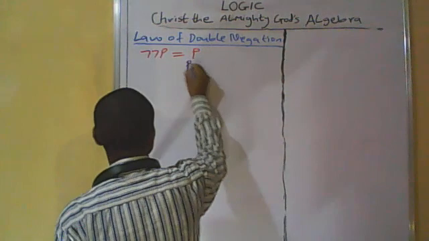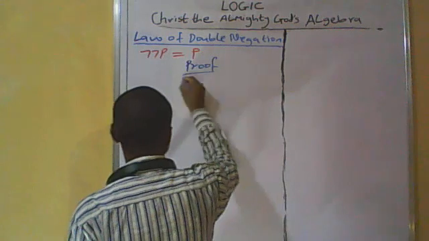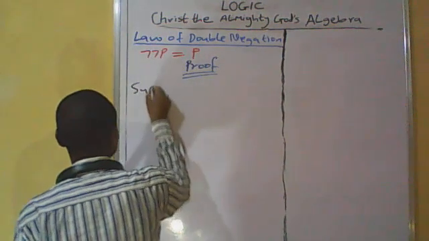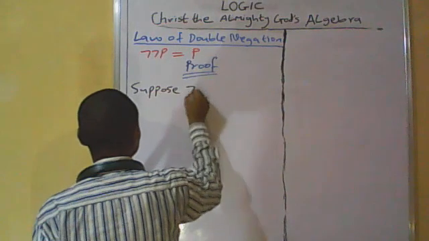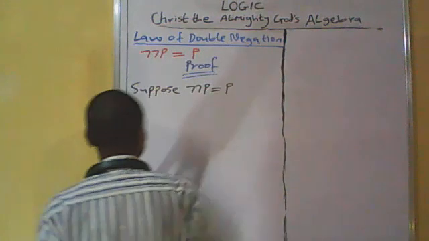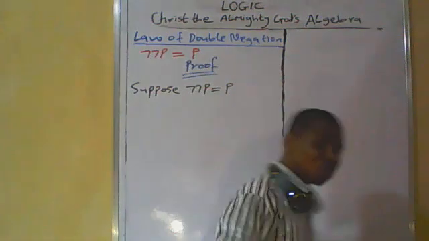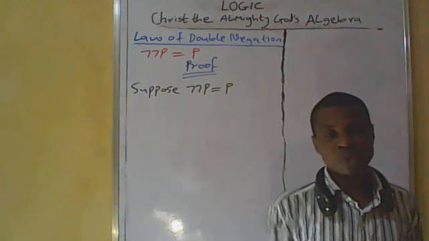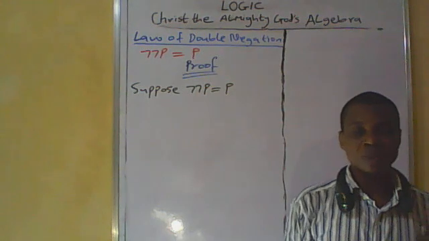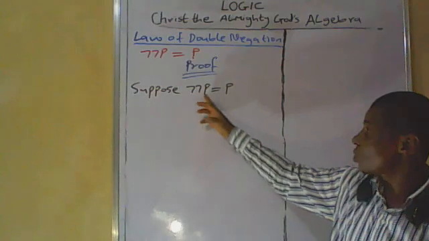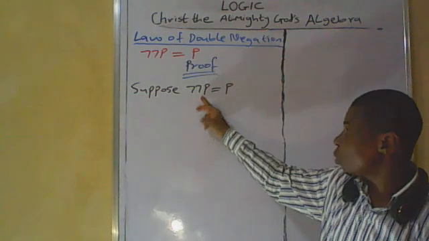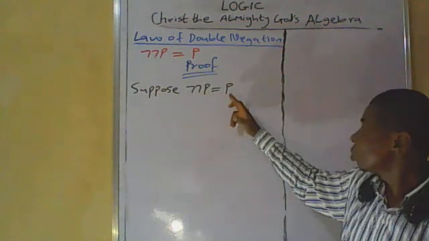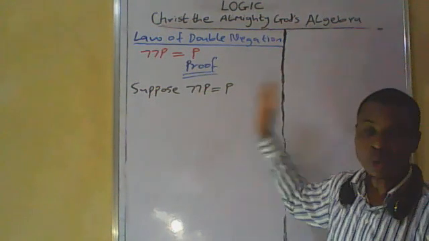Proof. Suppose not not P is equal to P. We assume that the statement is true and it's a hypothesis. That means not not P is equal to P. So in saying that, whenever not not P, the left side of the equation, is true, also P, the right side of the equation, is also true.